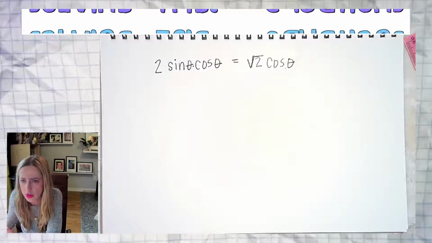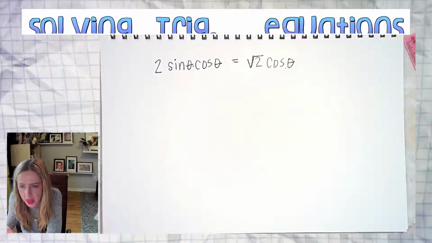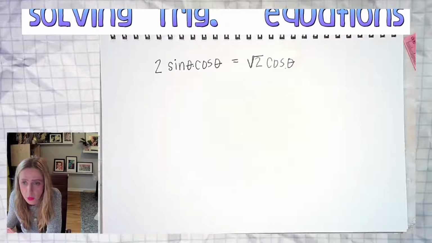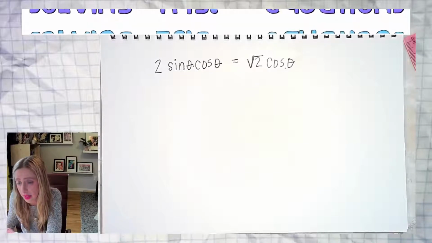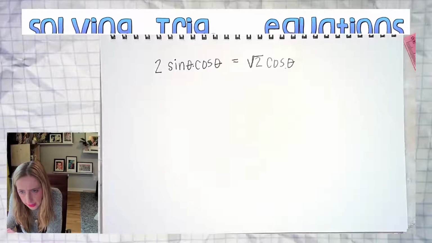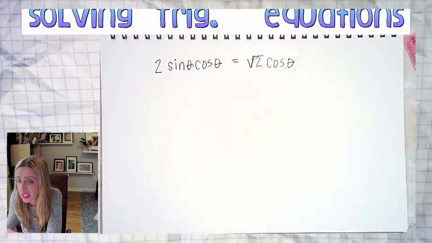So if you watch that example video, that should be pretty helpful. And then another one that should be very helpful was 12a. 12a is very similar in 12b. That was 2 sine theta cosine theta plus cosine theta equals 0. So we saw those. And another one that would be helpful that's a lot like it is actually number 15.